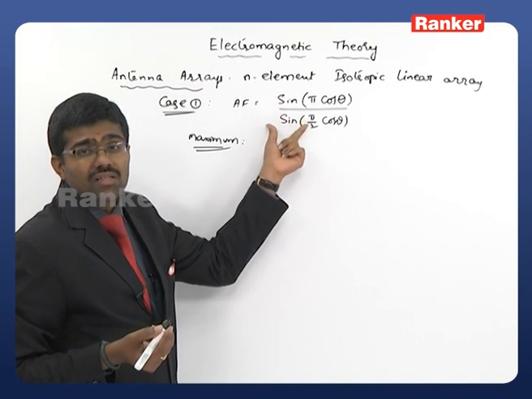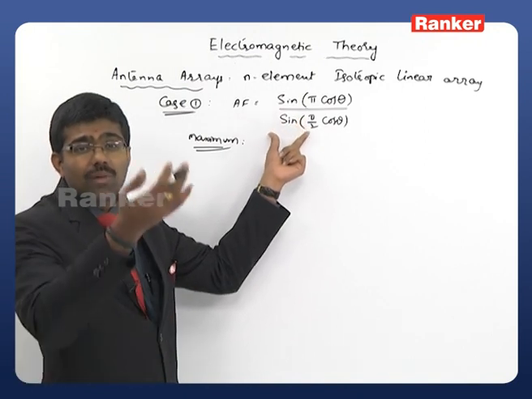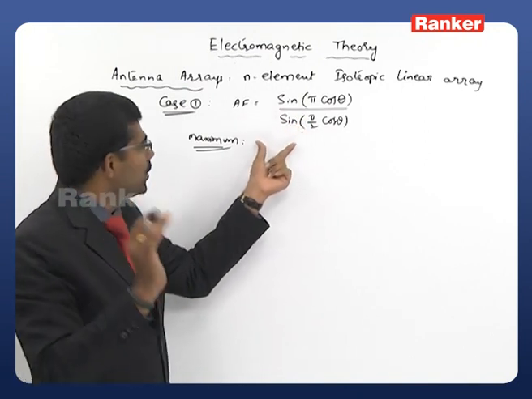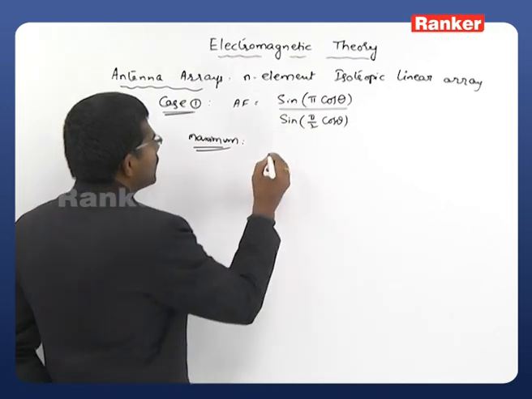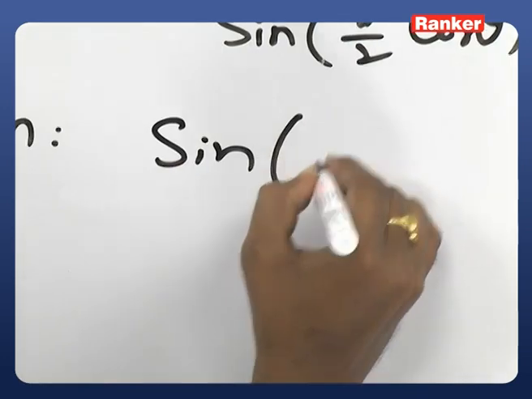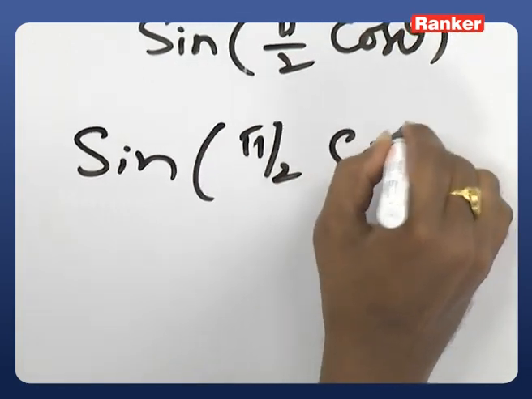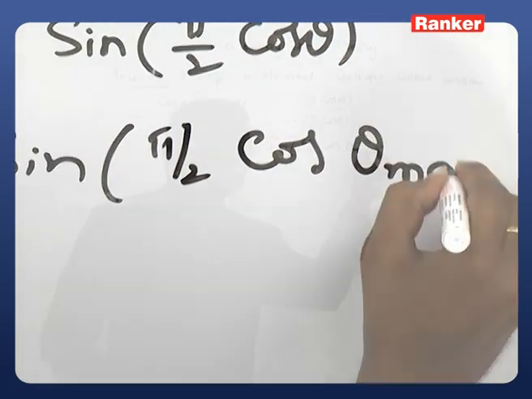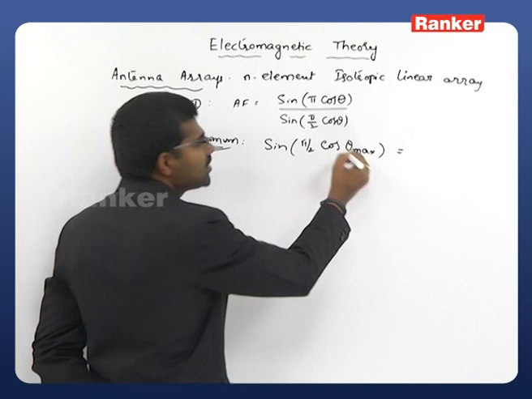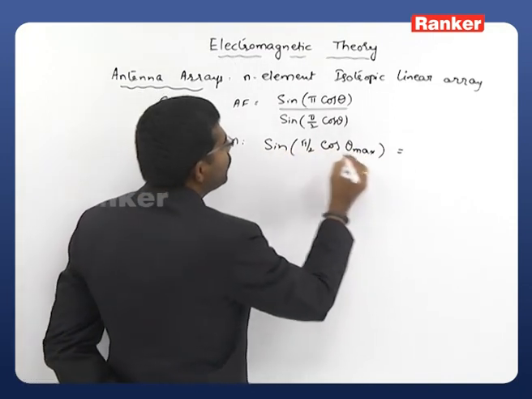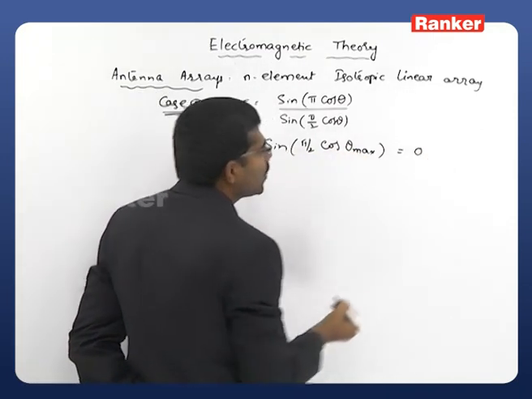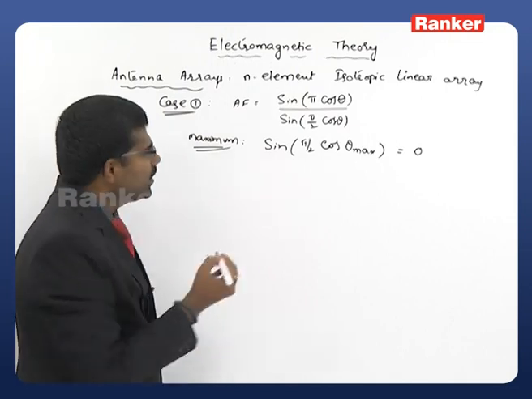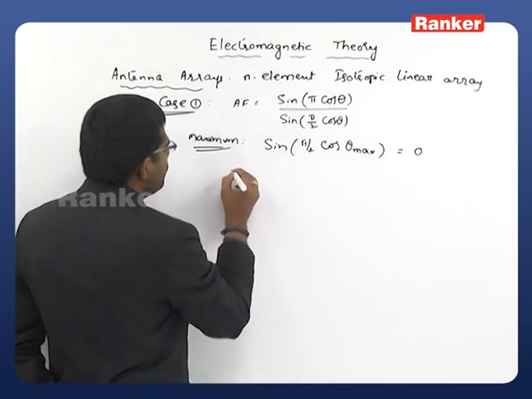So the direction of maximum is obtained by making the denominator equal to 0. I write theta as theta max, as we are observing the maximum direction: sin of pi by 2 cos theta max equals 0. Now get the solution for this.